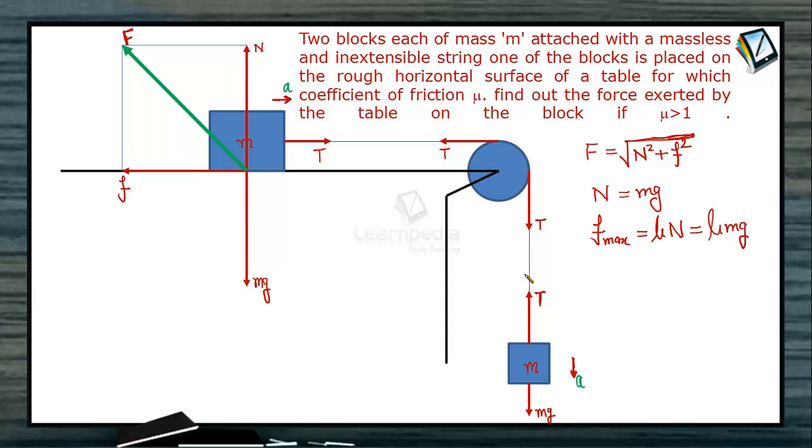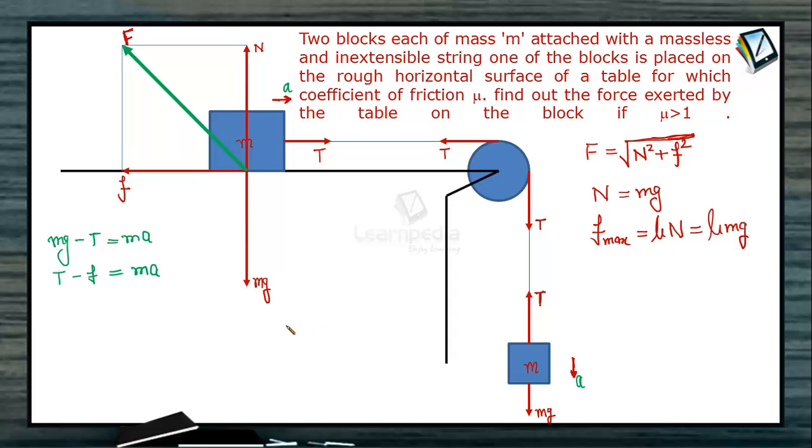So what would be the equation using Newton's second law? For this block which is hanging vertically, we have assumed the acceleration to be downward, so the equation for this block would be mg minus T is equal to m into a. For this particular block, the horizontal force here is T and the opposing force is F. So T minus F is equal to m into a.